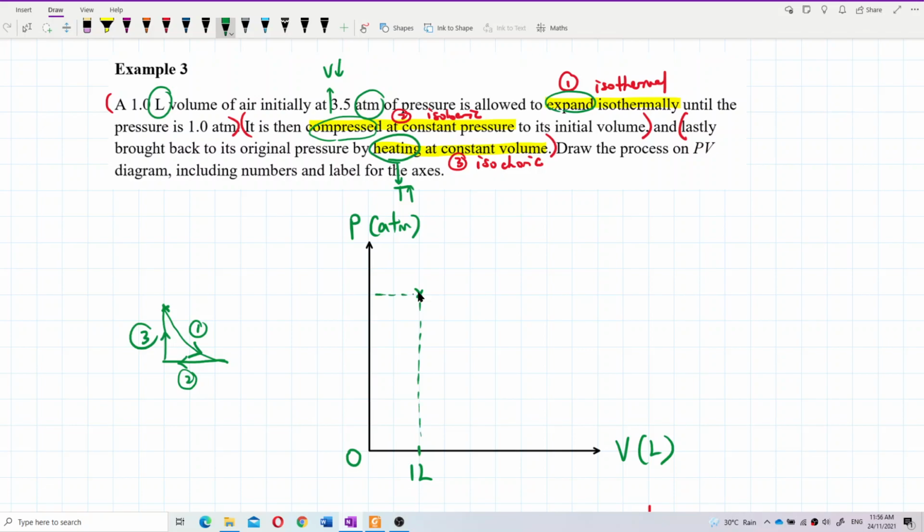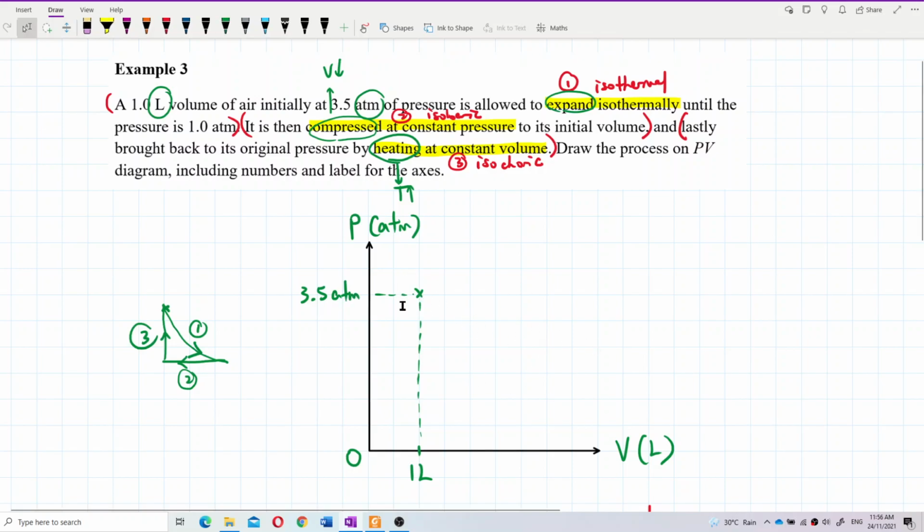This is 1 liter and 3.5 atmospheric pressure. Start from there.